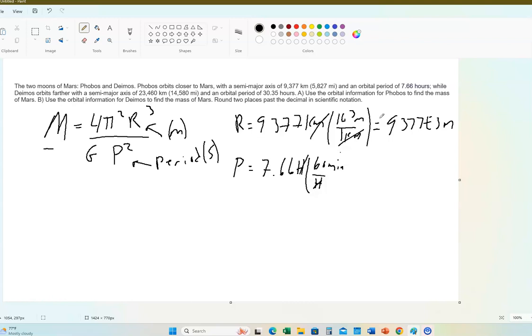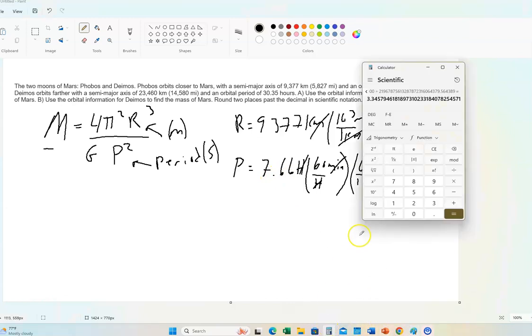The hours cancel. And then, of course, there's 60 seconds in 1 minute. The minutes cancel. So it's just 7.66 times 60 squared.